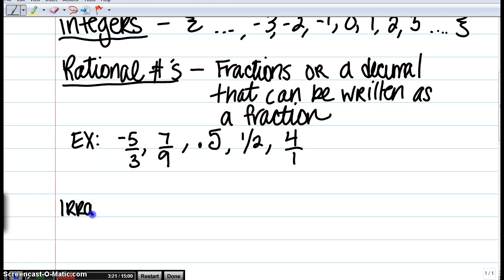Irrational. Irrational numbers are numbers that cannot be written as a fraction.